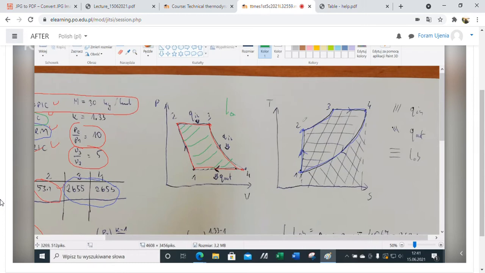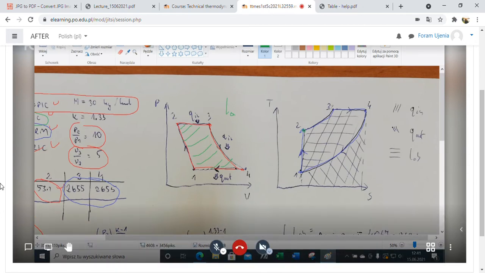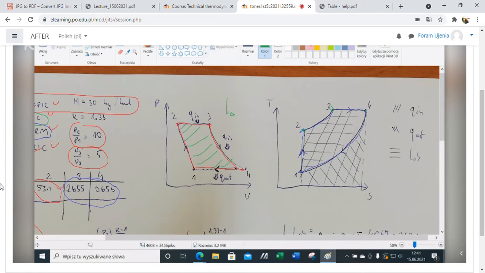Because look, everything what is under the higher curves, okay? Here between 2 and 3 and 3 and 4, yes, it is Q input, okay?